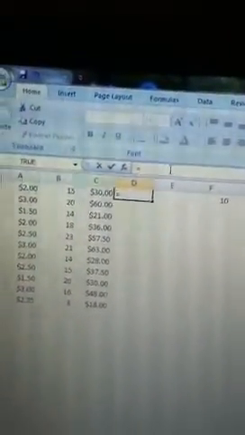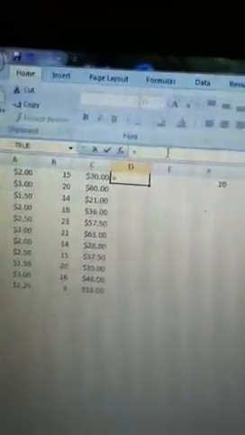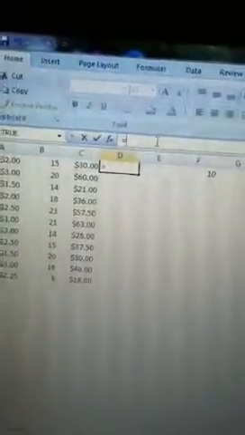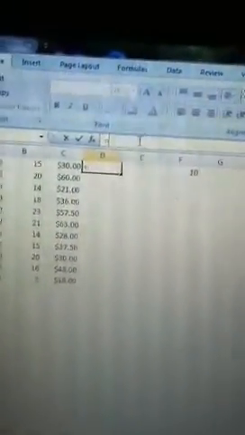So the bigger number, the amount of pieces, divided by the amount per pie. I know that sounds confusing, but stick with me here.